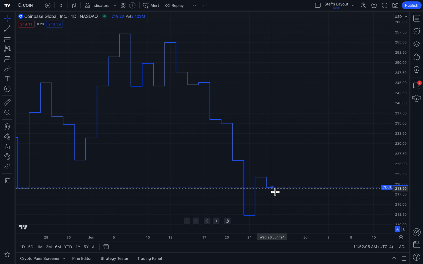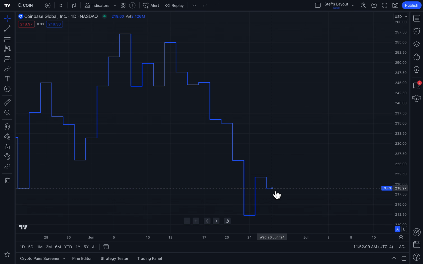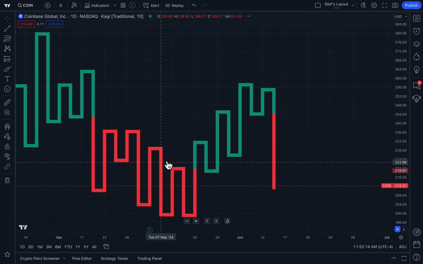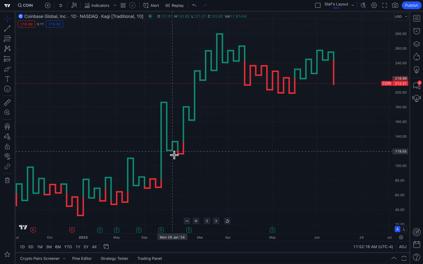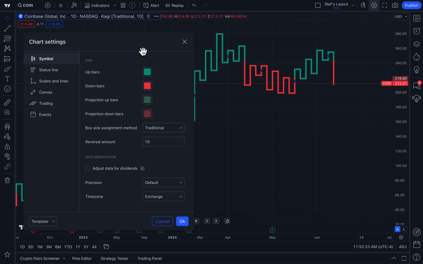So every day there's a new price because we're on a daily chart. This daily price will be reflected right here. A Kagi chart is not being calculated based off of specific time intervals. It is being calculated based off of the price movement that you specifically select.